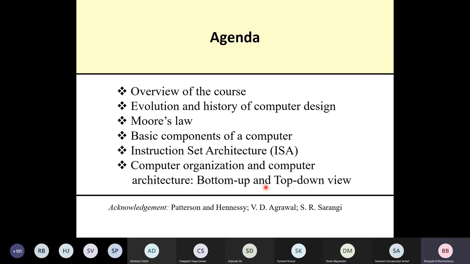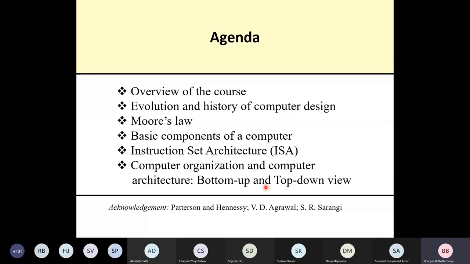Now, let me ask you a question here. As you can see, this course is concerned with computer organization and architecture, right? So we often talk about computer organization and computer architecture. So what is the difference between these two concepts or these two terminologies? Can you throw any light on this question?